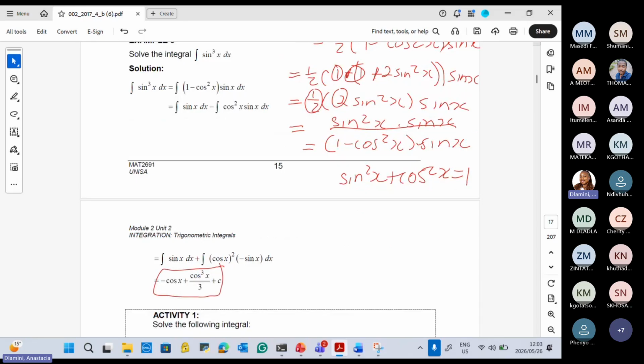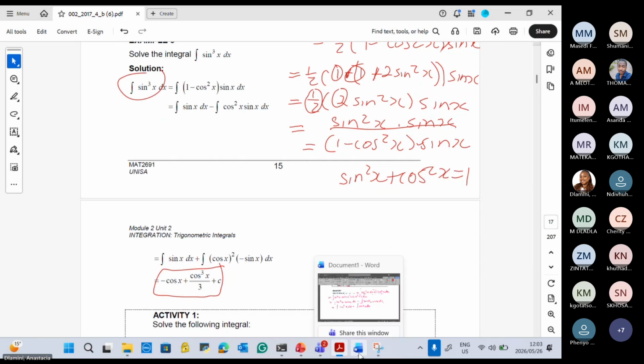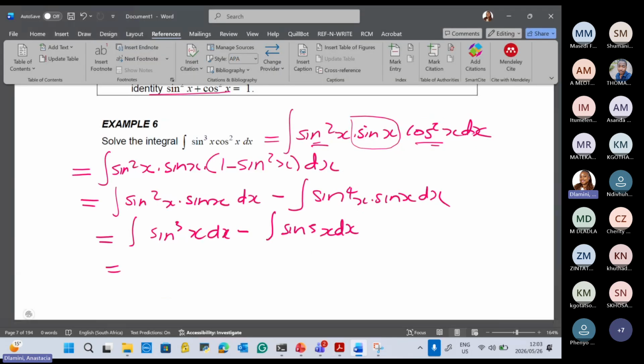So this becomes negative cos x plus cos cubed x over 3.